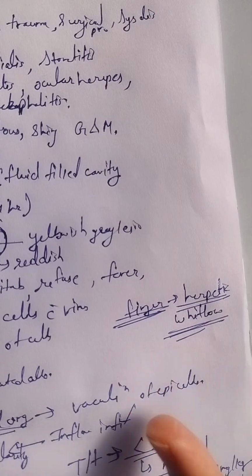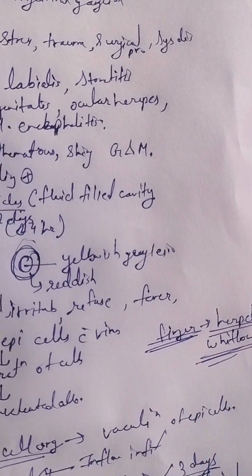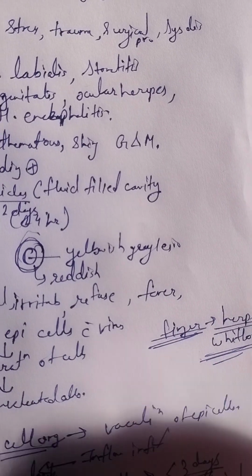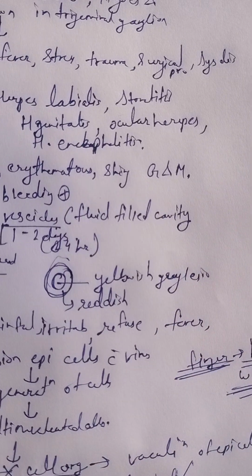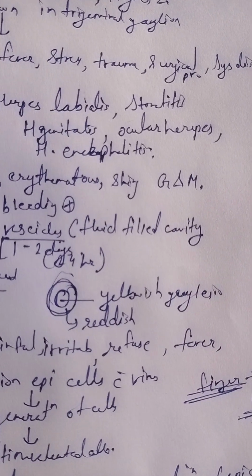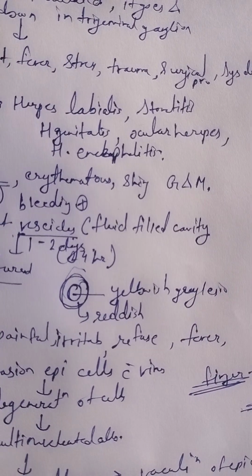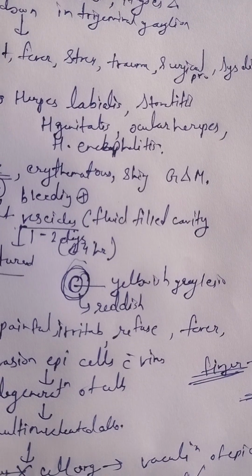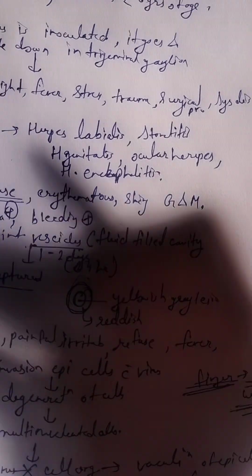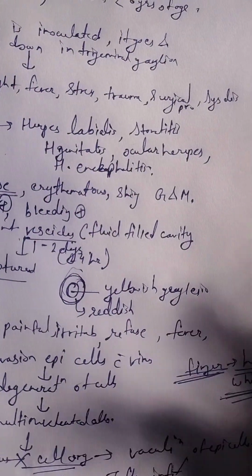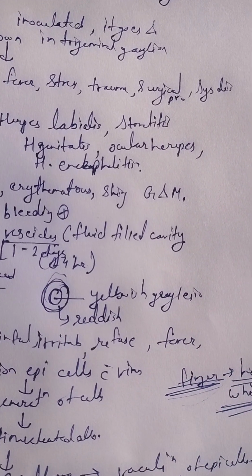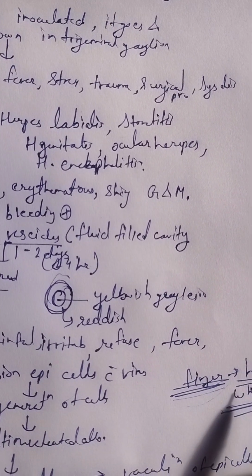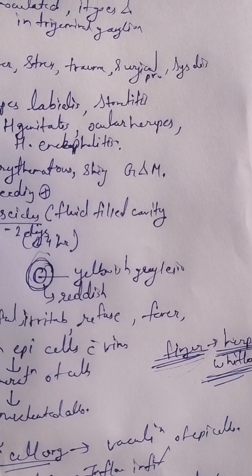Mostly this condition occurs in dentists, because when an acute herpetic gingivostomatitis patient comes into our clinic, if we treat or do OPD with bare hands, it is a communicable disease, so this lesion gets on our finger. So this condition is called herpetic whitlow.